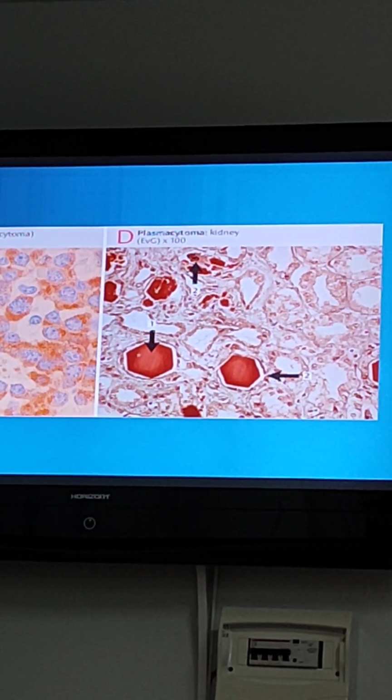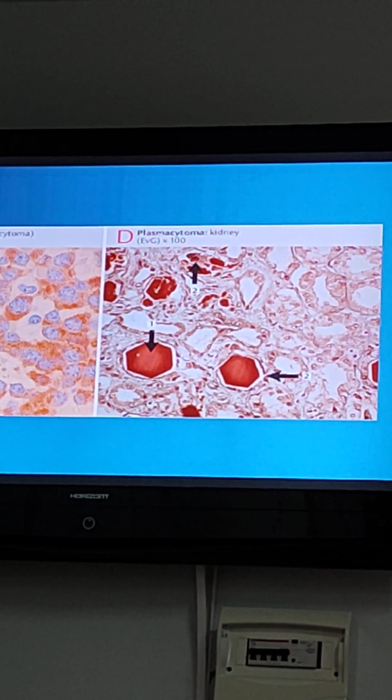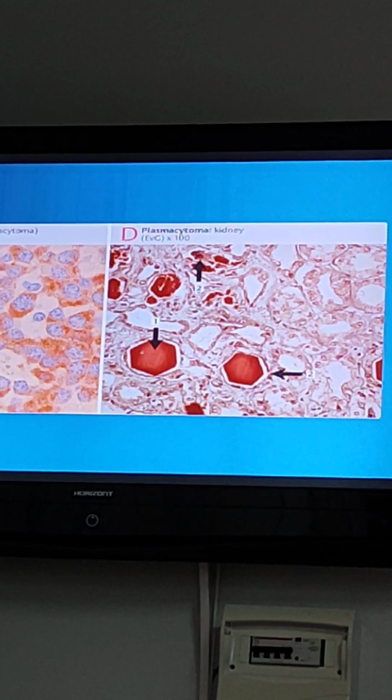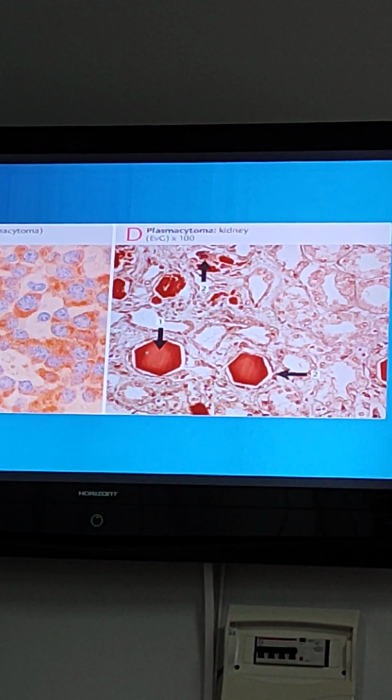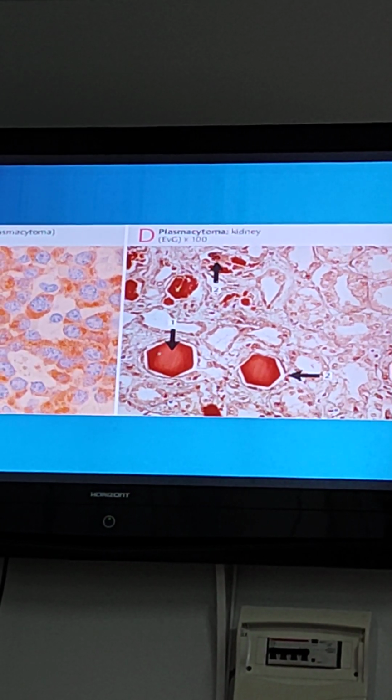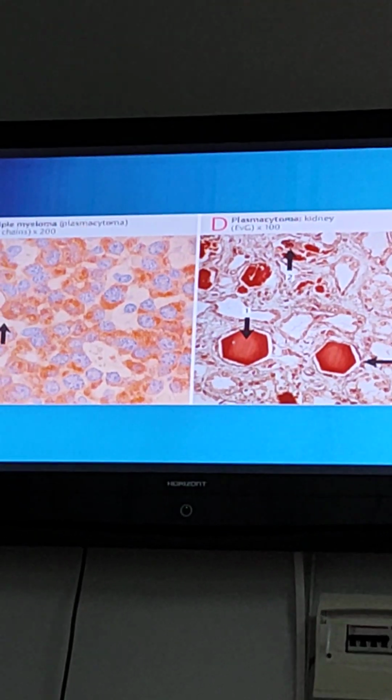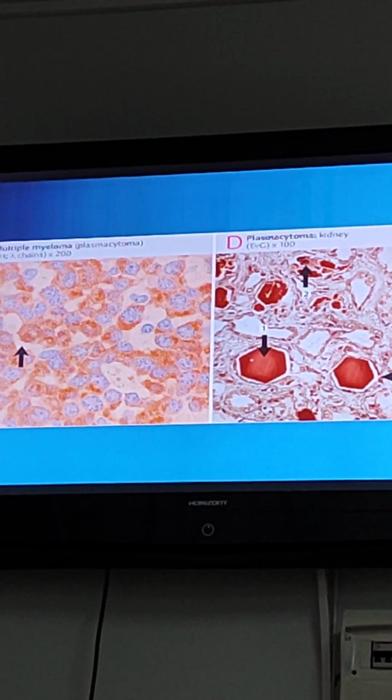This typical aggregation of proteins is called Bence Jones proteins, and can lead to complete obstruction of the tubules.